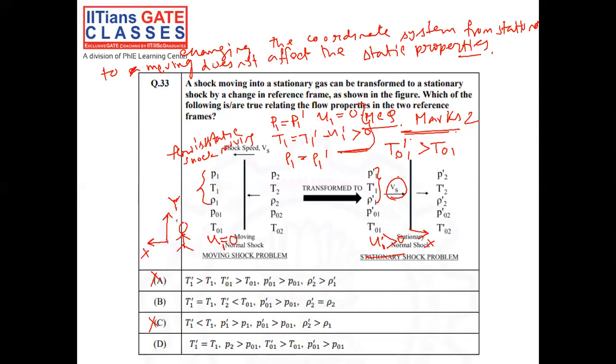Hence, T01 dash has to be greater than T01. And also, P01 dash is greater than P01. Hence, P01 dash is greater than P01 and T01 dash is greater than T01. So this option satisfies all these conditions, and D is the correct option.